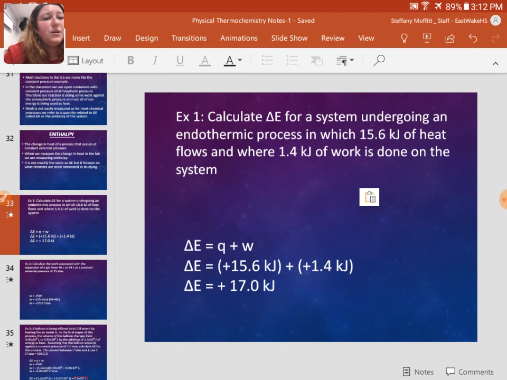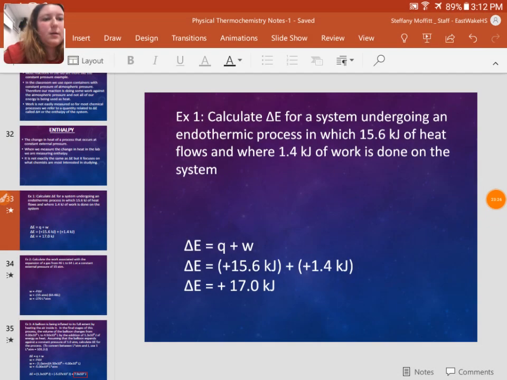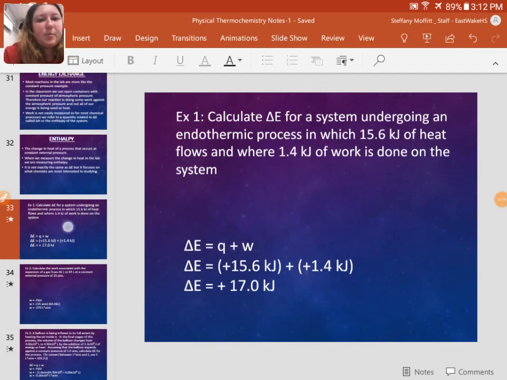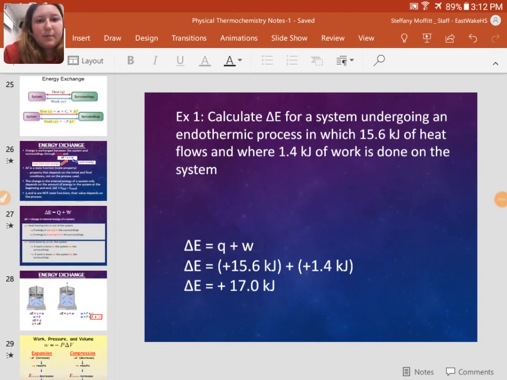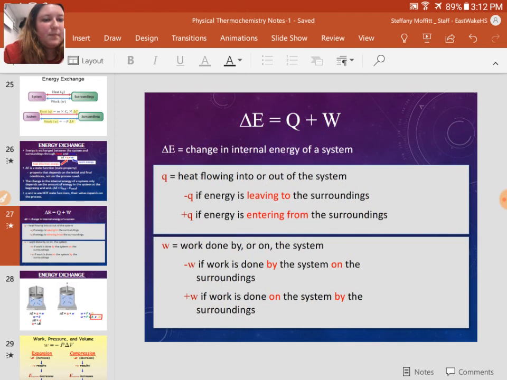The part you have to really look at is the positive and negative with that. It says that it's an endothermic process. If I look back in my notes, endothermic means that the surroundings are getting cooler. So endothermic is where the heat is going into the system.